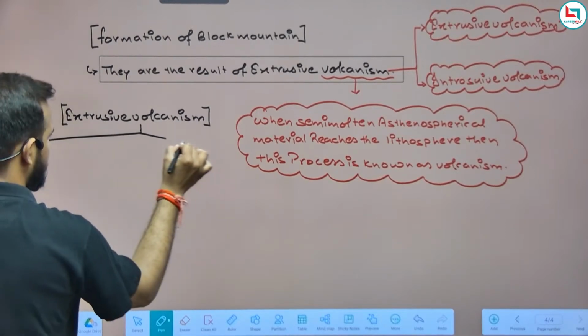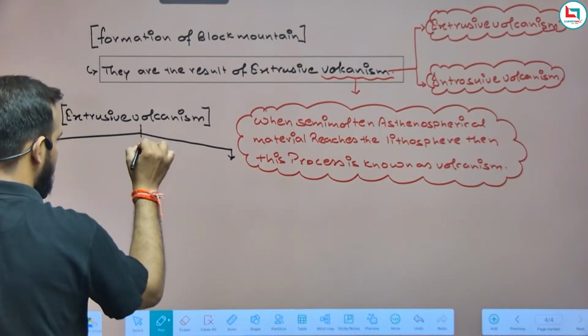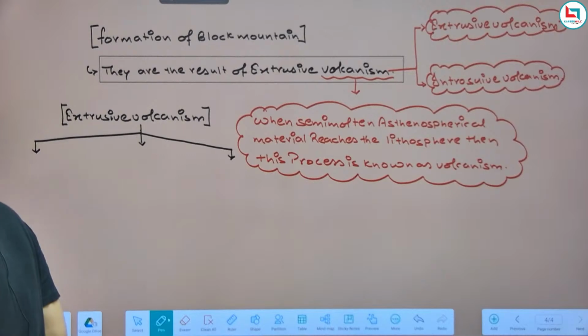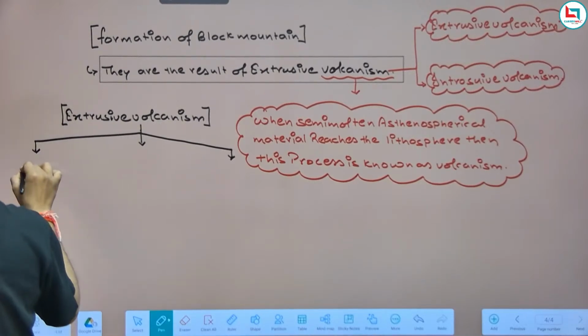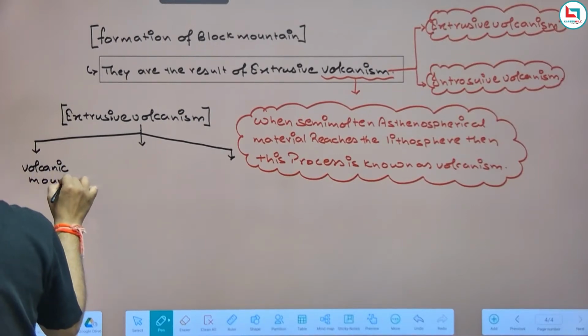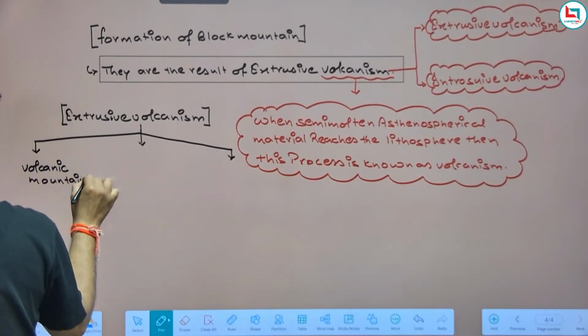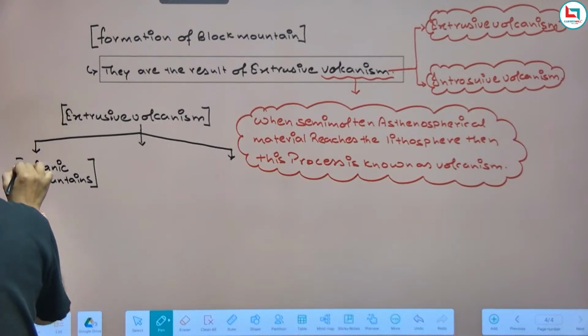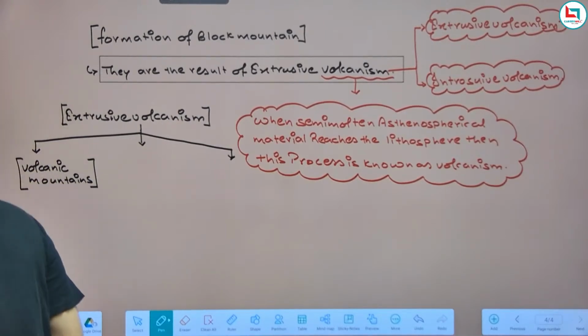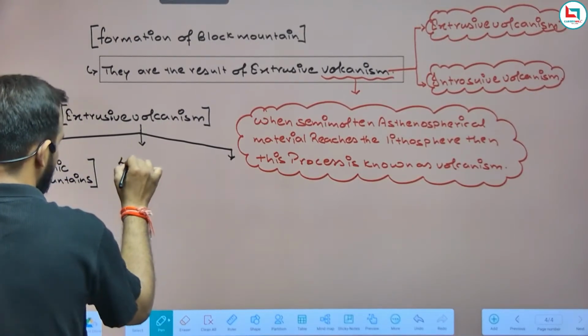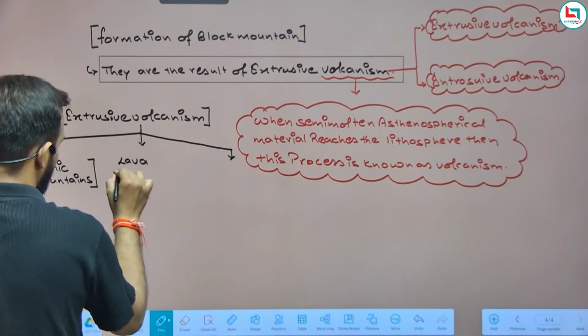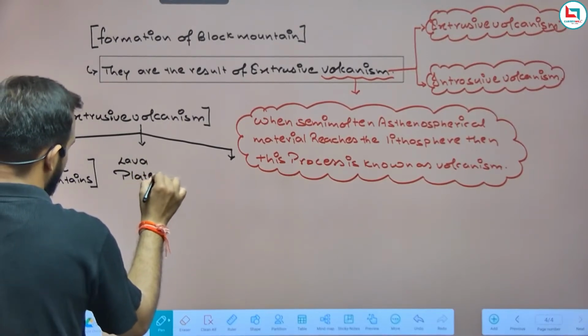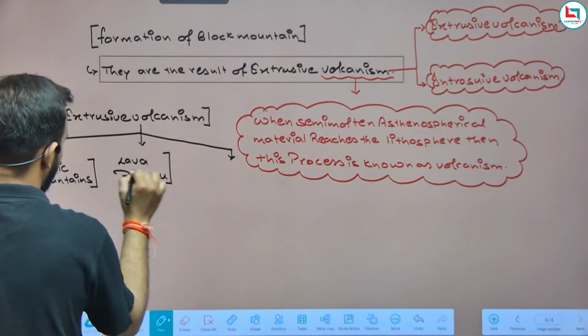The very first and important structure is the volcanic mountains. The second structure is the lava plateau.